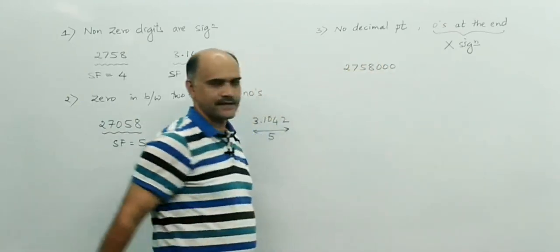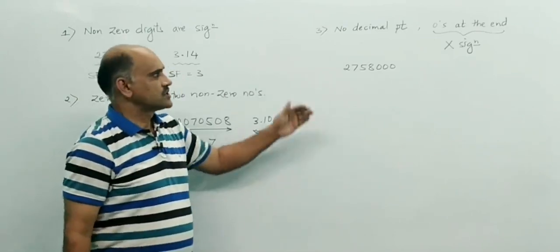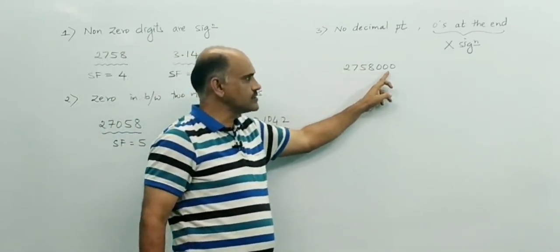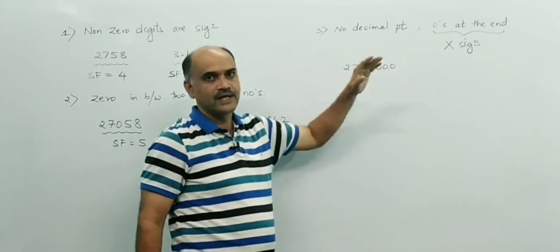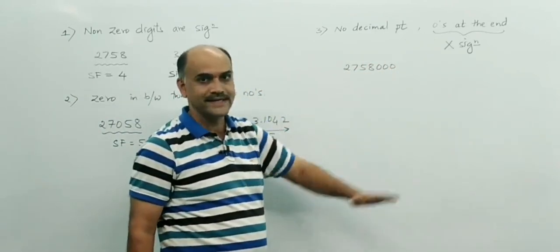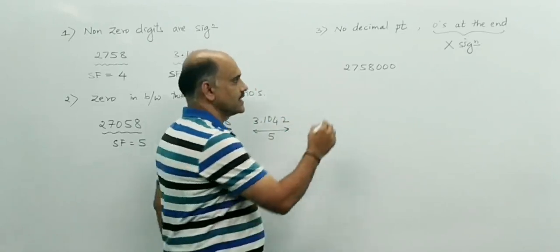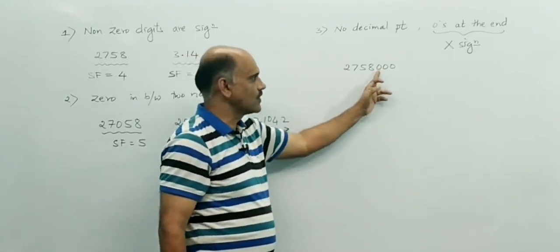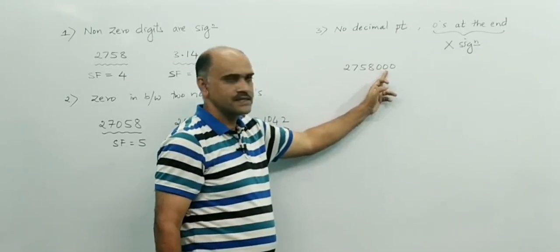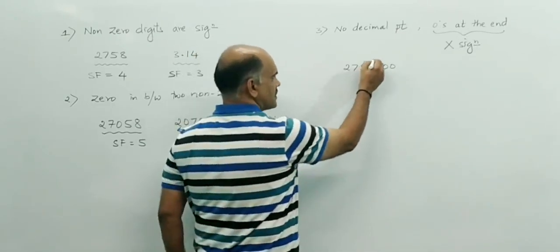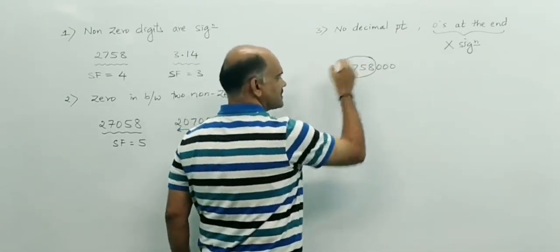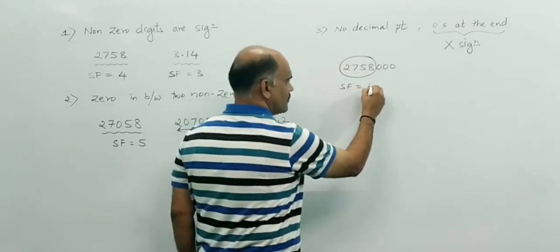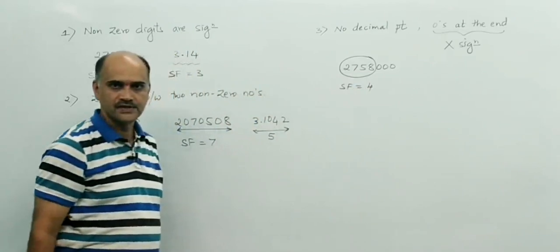I will take this one: 2758000. The third rule says that if there are zeros at the end of a number having no decimal point, then these zeros are not significant, meaning you are not required to count these zeros. So just the number of significant figures in this part, the significant figure is equal to 4. Clear, students?